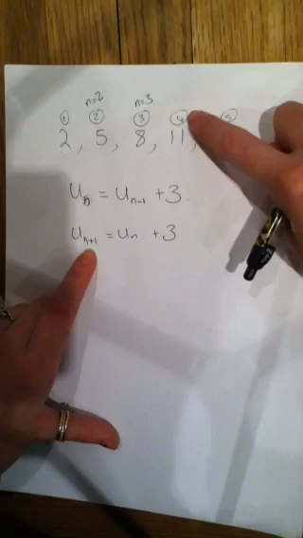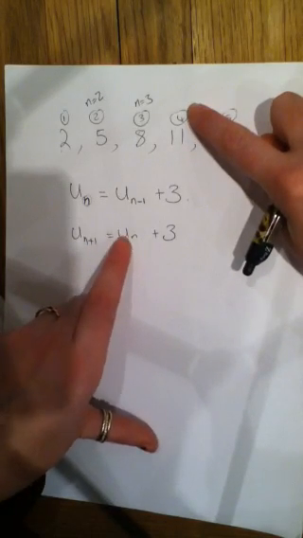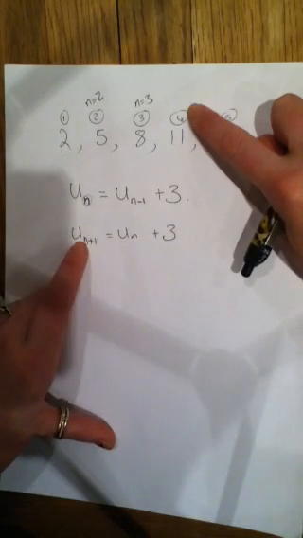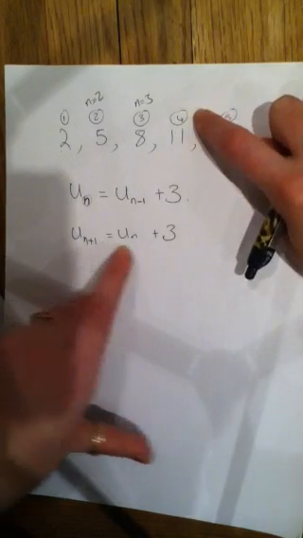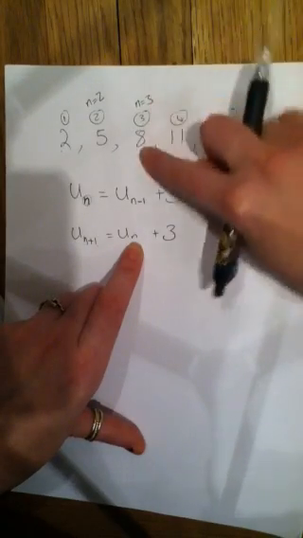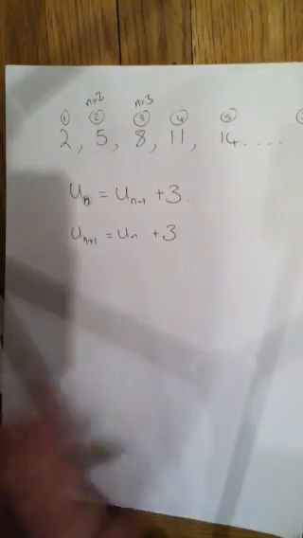I'm looking at the fourth term, which is 11. So that says that this is equal to U_n, a term in the sequence. Now I took N to be 3, that's why I had 3 add 1 there, which gave me the fourth term. So N is 3, that's the third term, which is 8. 8 add on 3 is 11. So that's how we use the notation.